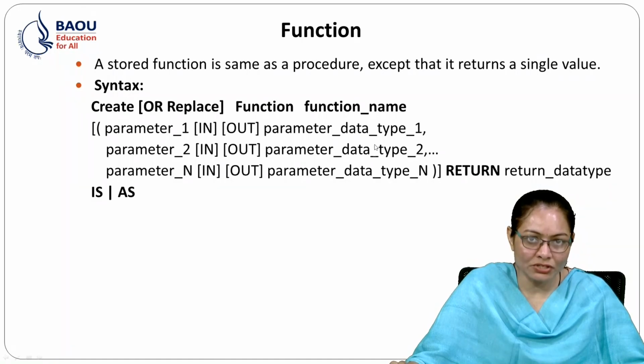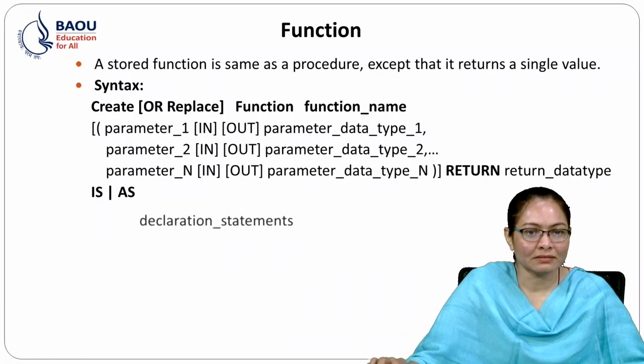This function returns a value, and the data type of the returned value is defined here. If this function returns a number, then you define RETURN NUMBER. If this function returns a varchar2, then you define RETURN VARCHAR2.